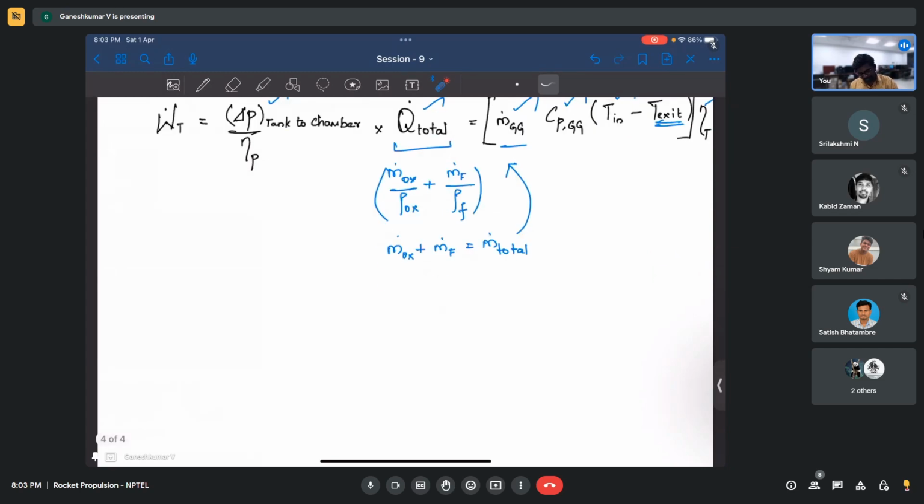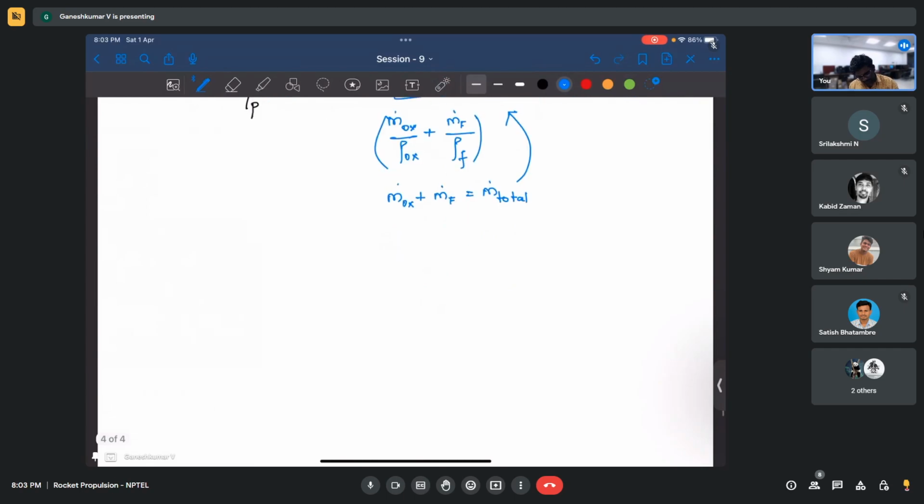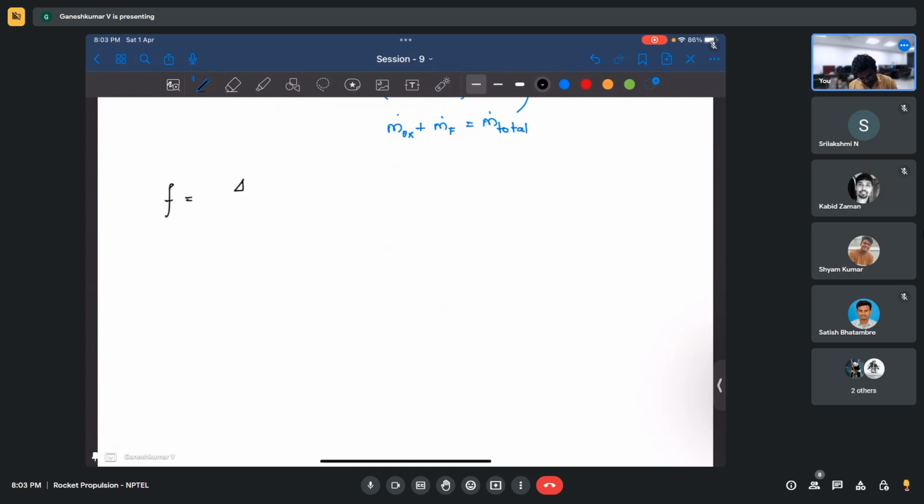If you do all of these, it's just energy conservation, but you can write this in terms of, like, this relation given by the professor. Actually, he also derived this, so I'm just giving you the relation here.